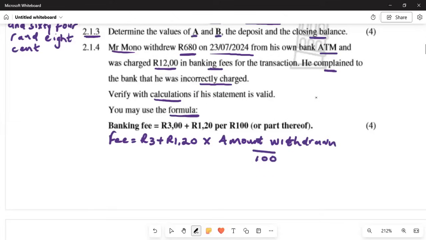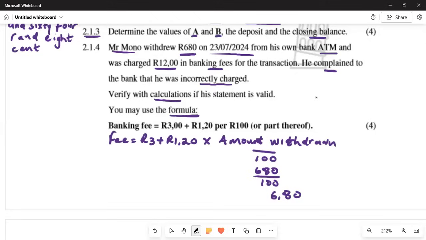The amount withdrawn is 680, divided by 100. So how much is it? That is 6 Rand 80 cent.